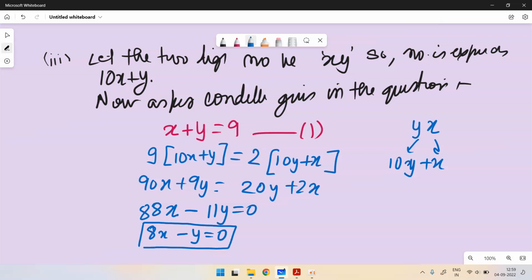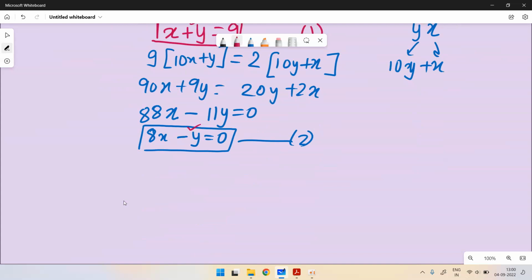So this is my second equation and that was my first equation. You see that the coefficient of y is 1 and here it is minus 1, so you directly add the two equations. That is x plus y equal to 9 and 8x minus y equal to 0.